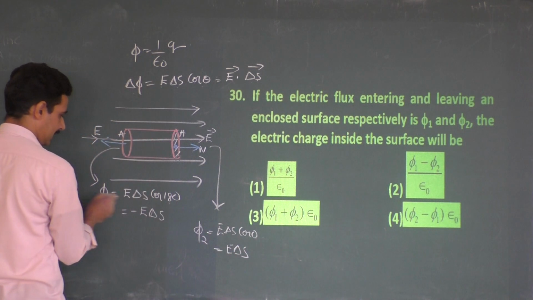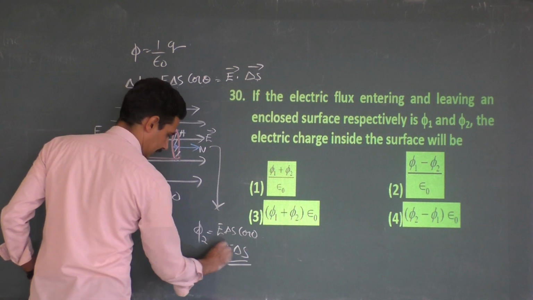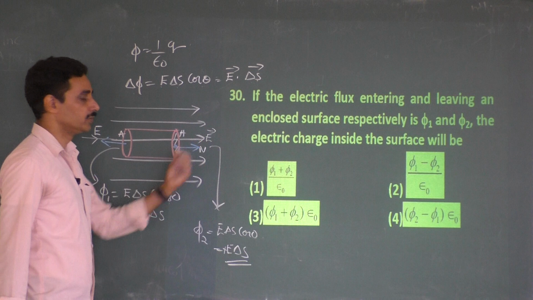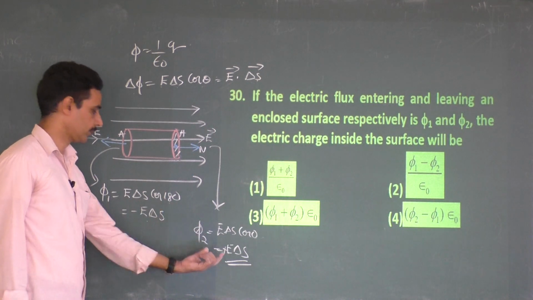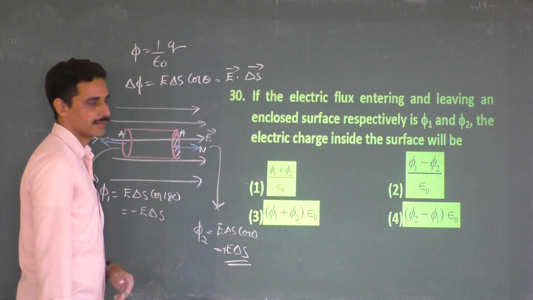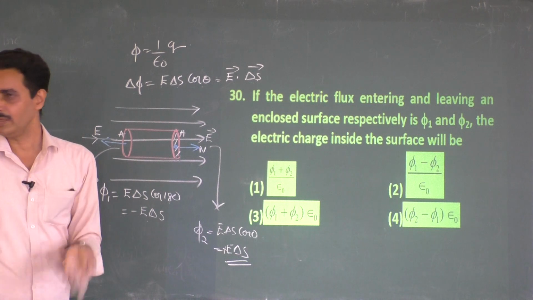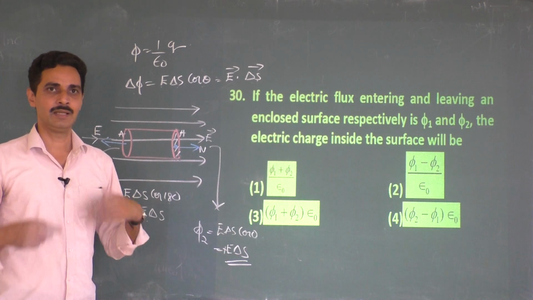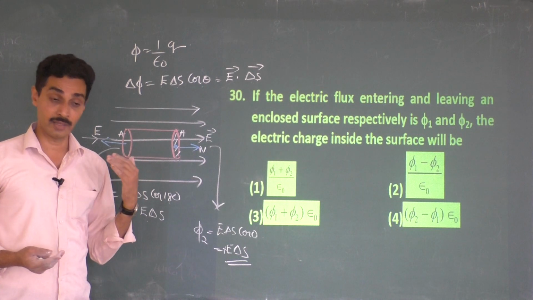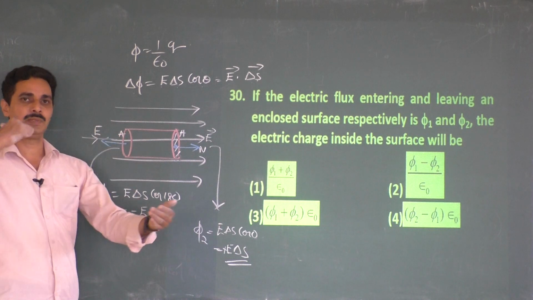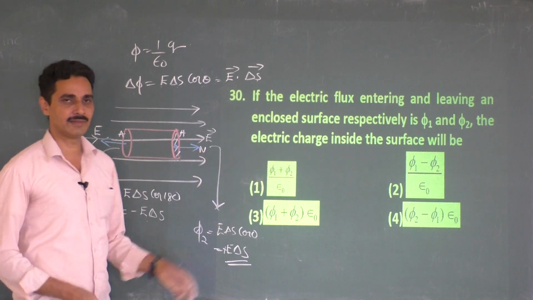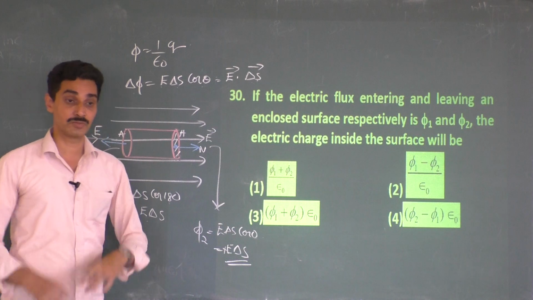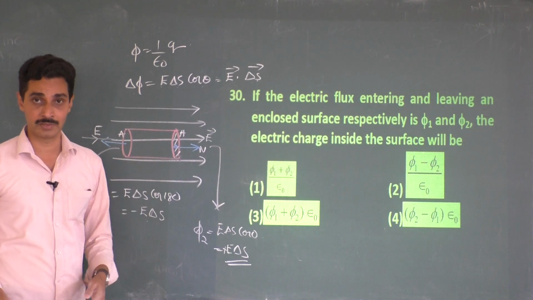Now you see here minus E delta S plus E delta S. Outward moving electric field is taken positive, and inward moving electric field is taken negative, because for the incoming electric field the normal will be coming out, and for the outgoing electric field the normal will also be going out, since we are always taking the outward moving normal.